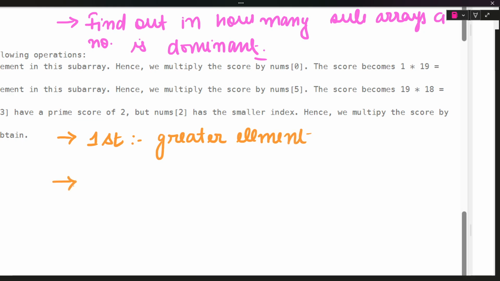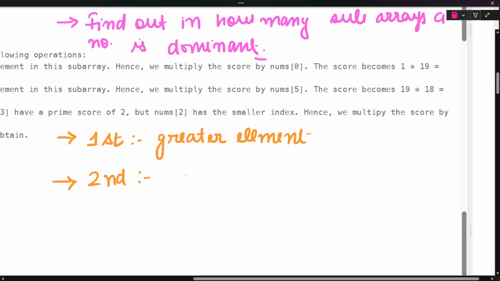If the first priority is the greater element, right? The second is dominance, in how many subarrays it is dominant. Actually, it's not a priority, it's a condition.